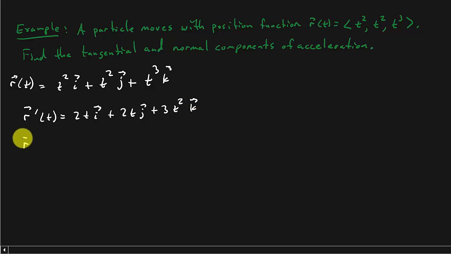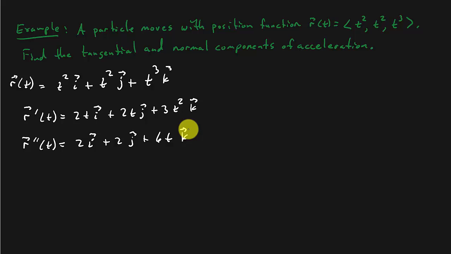And then r double prime of t is 2i plus 2j plus 6t k. All right. And then what else do we need?